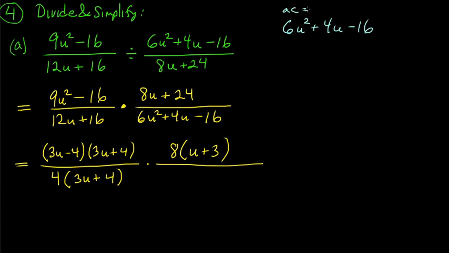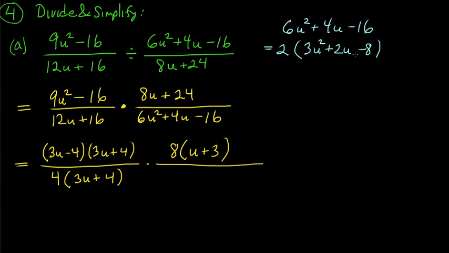So a times c is 6 times, hang on, I'm forgetting the most important thing here. The GCF is 2. So we should factor out the 2 first. Okay, so 2 times 3u squared plus 2u minus 8.